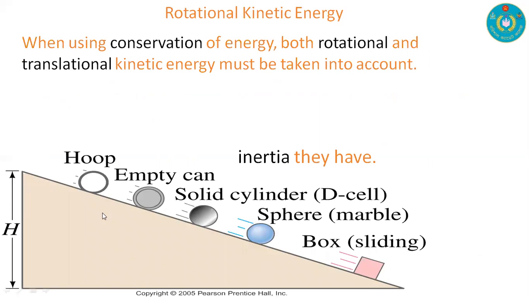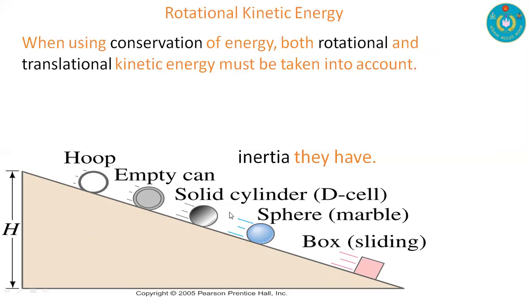Rotational kinetic energy: when using conservation of energy, both rotational and translational kinetic energy must be taken into account. We have some objects, like a hoop, an empty can, a solid cylinder or shell, and a sphere like a marble, or a box, that is a sliding object.